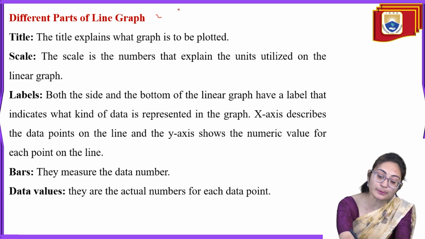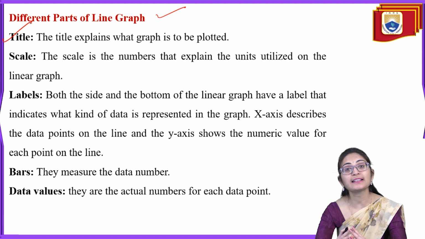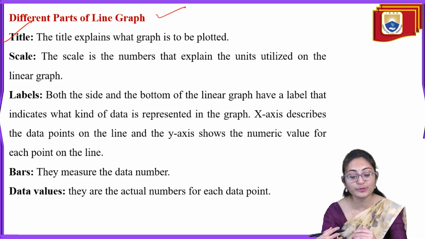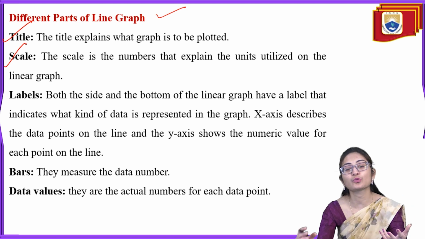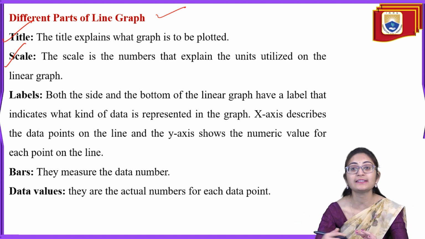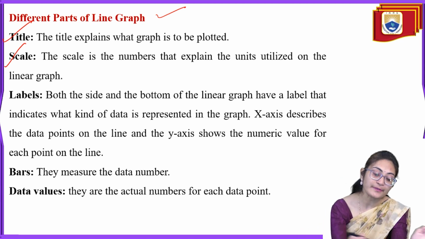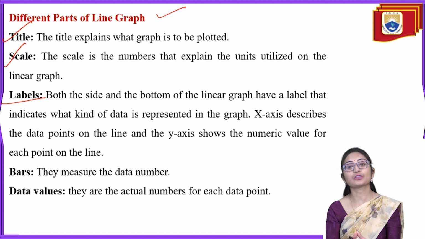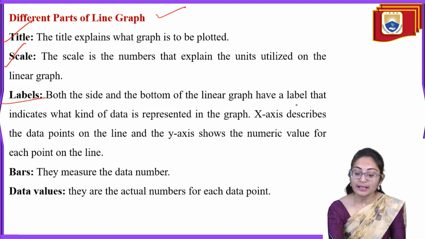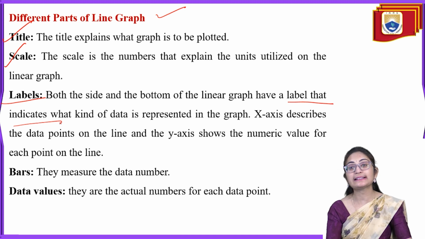Then there are different parts of the line graph. First one is the title. The title explains what graph is to be plotted. Then scale. The scale shows the numbers, that means it explains the units which are utilized on the linear graph. Then next one is the labels. Both the side and the bottom of the linear graph have labels that indicate what kind of data is represented in the graph.